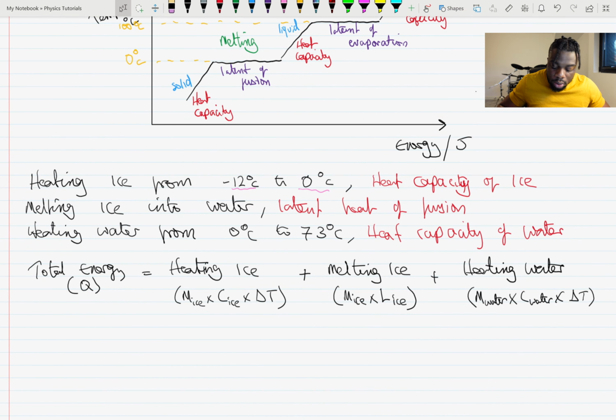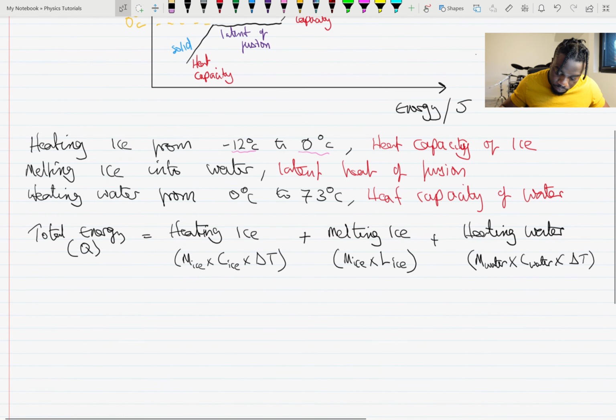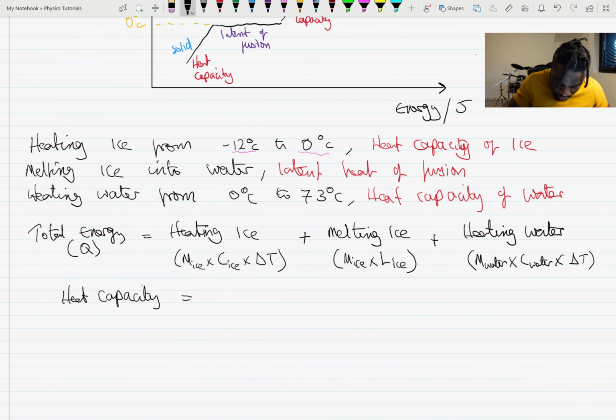Okay, and if you're wondering where these formulas or expressions are coming from, heat capacity is given by the amount of energy divided by the change in temperature and the mass. So mass times change in temperature, everything under Q, which is energy, and that is heat capacity.